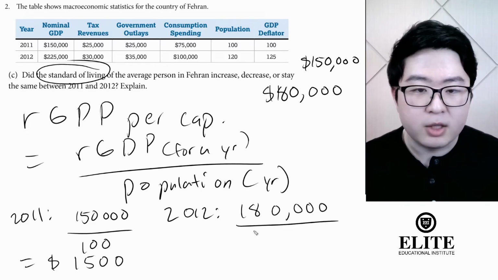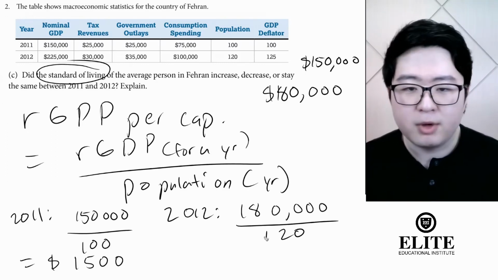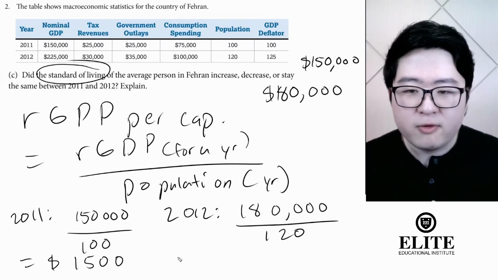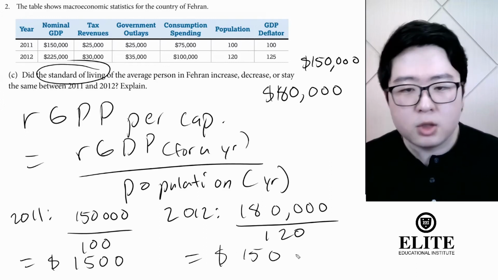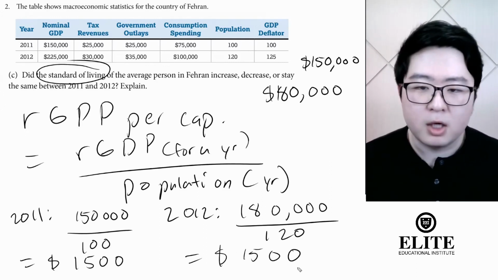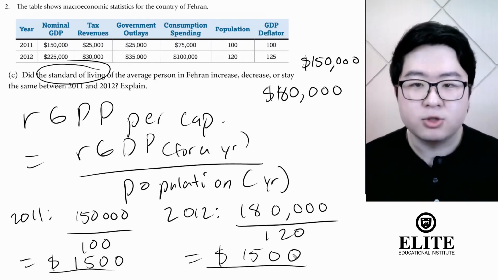Let's divide that by the population. Ooh, their population increased to 120. Maybe births, maybe immigration, we don't know, right? But we do the division here and we see, oh, actually, real GDP per capita in 2012 was also $1,500, right? So real GDP per capita did not change.